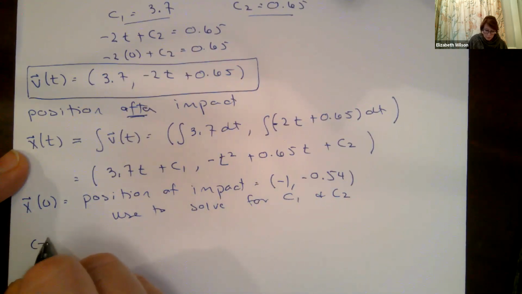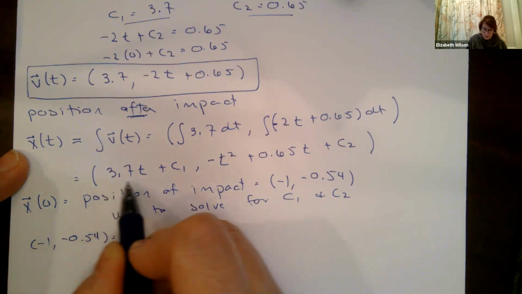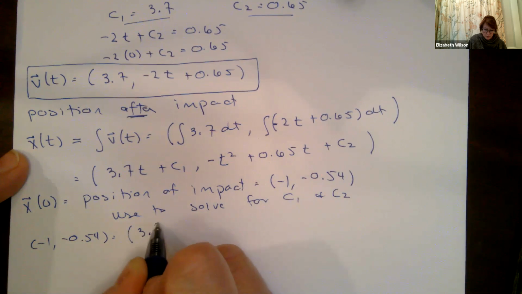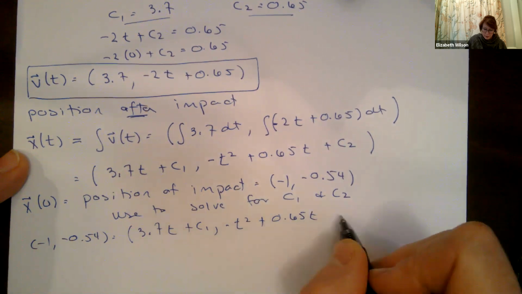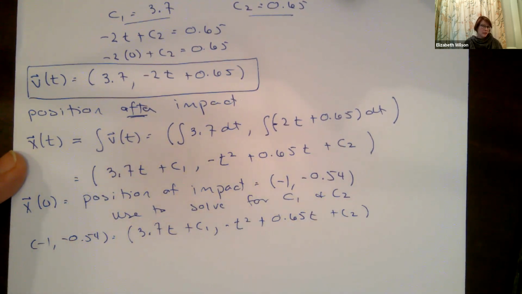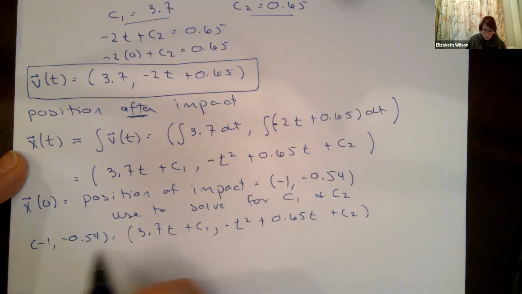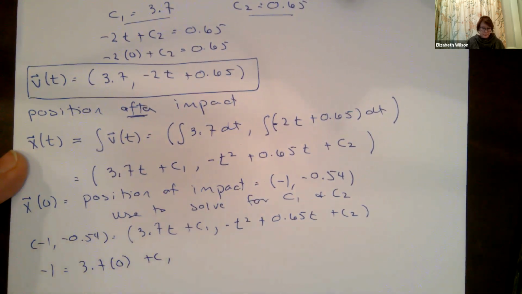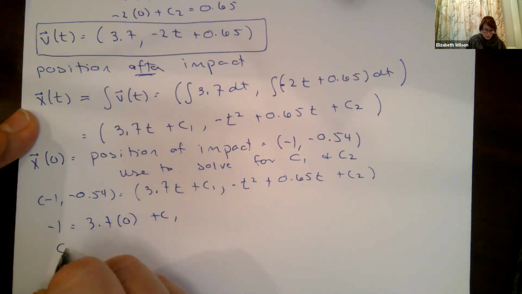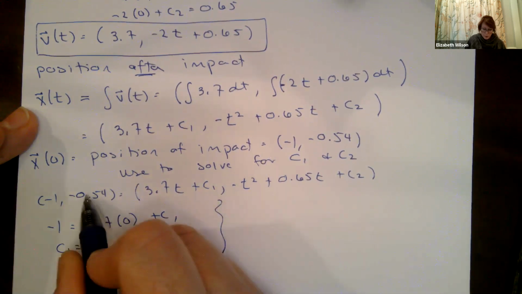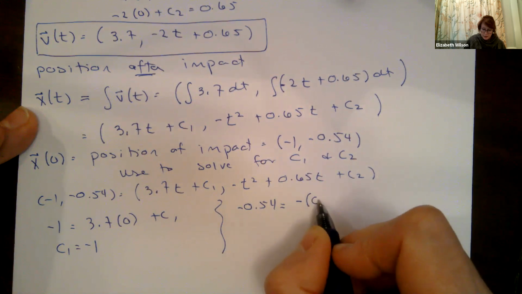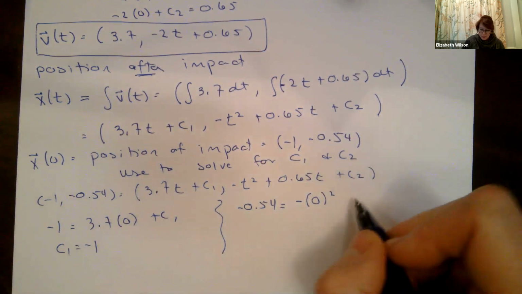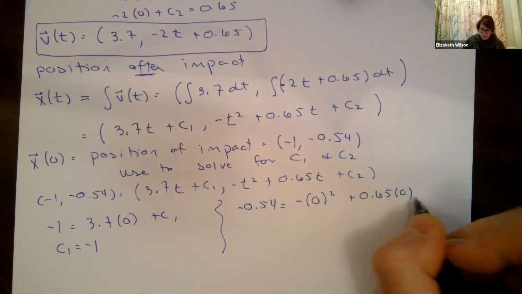All right, so let's set that equal. It's going to be -1, -0.54 equals my position equation, 3.7t plus C1, minus t squared plus 0.65t plus C2. So this is at t equals 0. I'm going to set the x equal to the x. -1 equals 3.7 times 0 plus C1, which is going to make C1 equal to -1. Then y, -0.54, equal to my y, but we're resetting our time, t equals 0, so minus 0 plus 0.65 times 0 plus C2.